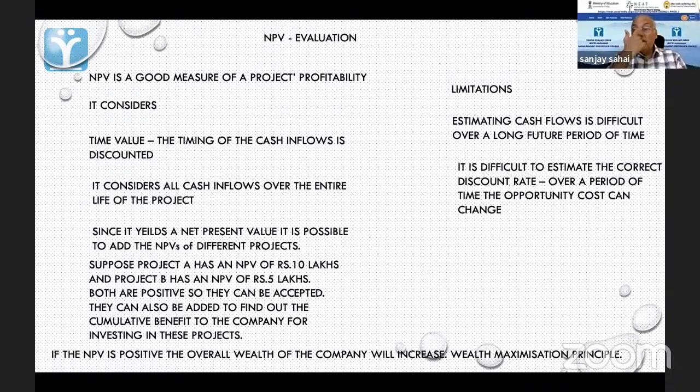And it is difficult to estimate the correct discount rate. Over a period of time, the opportunity cost can change. It's possible that you will get other opportunities over the life of the project, and maybe the returns from those opportunities will be different from the one you have today. So it's a little difficult to find out what exactly is the actual opportunity cost.